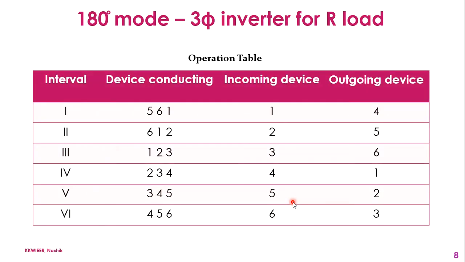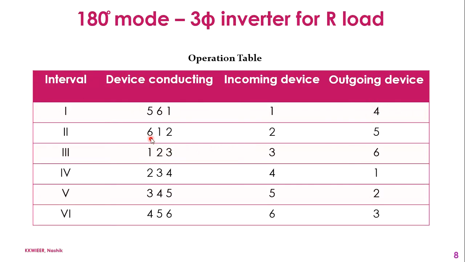So this is the operational table of the 180 degree mode of a three-phase inverter with the resistive load. At a time, 3 devices will be in the conduction mode. Here you can see for the first interval, when devices 5, 6, 1 are conducting, in this case 1 will be the incoming device and the previous one, that is 4, will be the outgoing device.